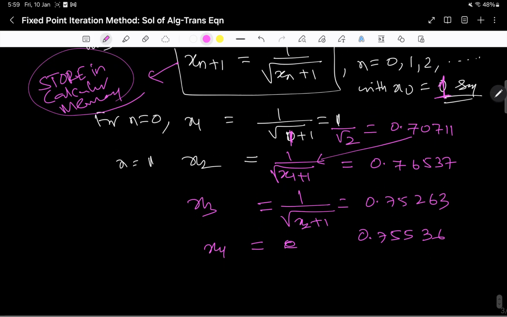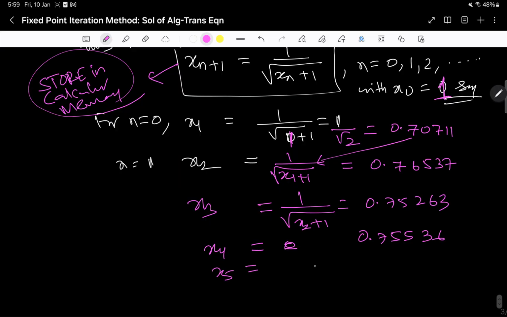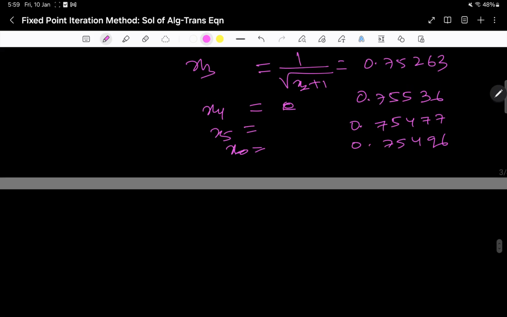0.75536, and your x5 will be 0.75477. Here x6 will be 0.75496. Likewise, here x7 will be 0.75487. Now your x8 will be 0.75487.